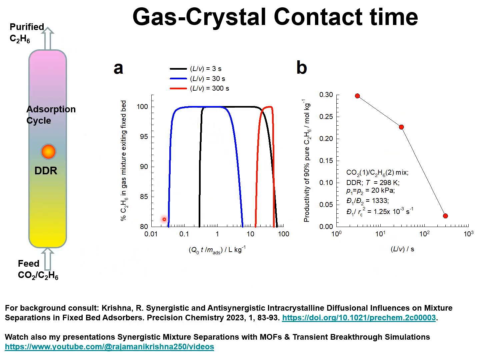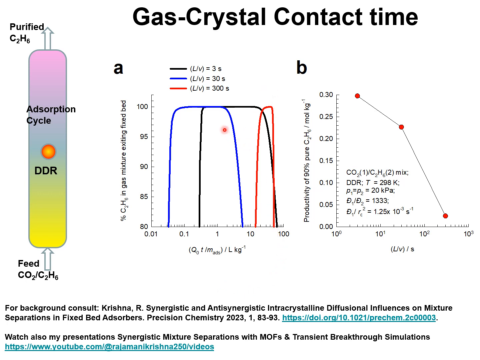In this graph, I plot the percentage of ethane in the gas mixture exiting the fixed bed for 3 different scenarios in which the diffusional time constant is held constant at a value of 1.25 10⁻³ and we have 3 different values for the contact time between the gas mixture and the crystallites of DDR zeolite.